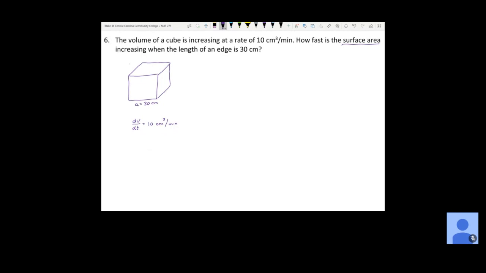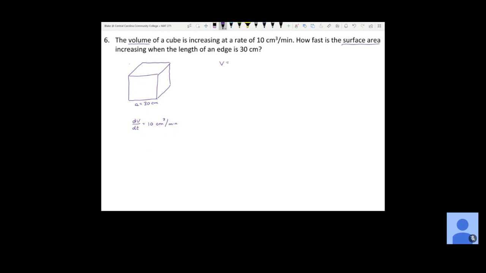So I don't think any of the ones we looked at yesterday are going to help us. So what other formula besides surface area are we going to need? Volume, right? Okay, because we know the rate of change of our volume. So in this case, we're going to use two different formulas to be able to actually find the information that we need, right? So let's start with volume.